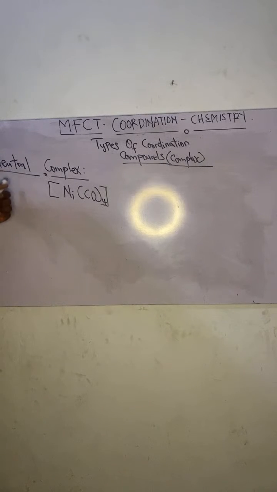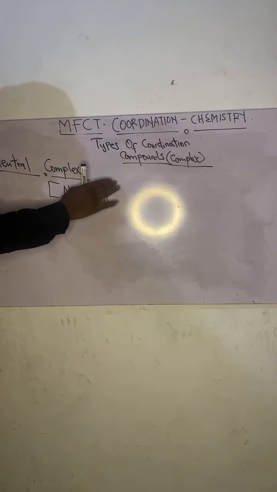If you check this compound, there is no counter ion and there is also no charge on it. Hence, we can refer to this compound as neutral. At the same time, there is no counter ion, hence they cannot be what? Ionized. Those are the examples of neutral complex.